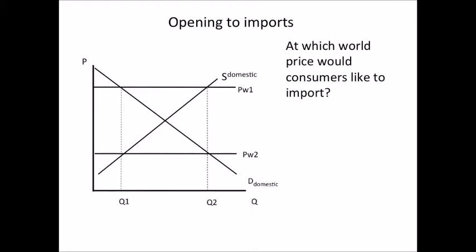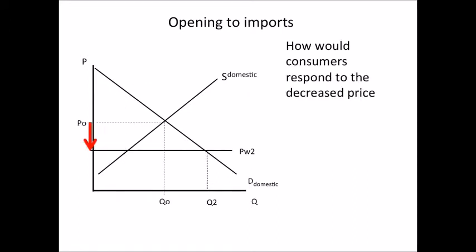So if you think about it for just a second, the world price needs to be below the domestic price in order for consumers to go to the trouble to buy from foreigners instead of the domestic firms. So PW2 is a plausible price for the country to import this product.